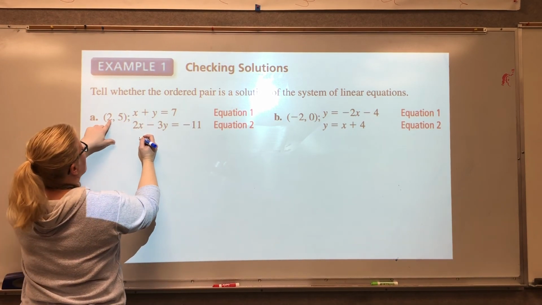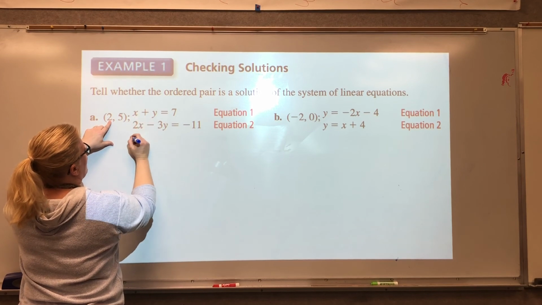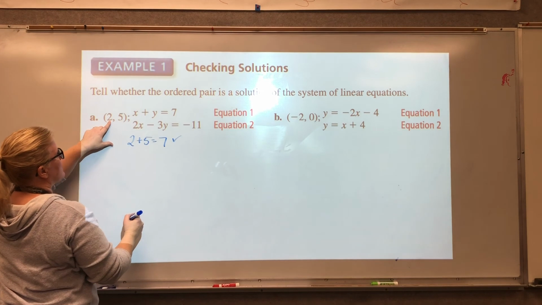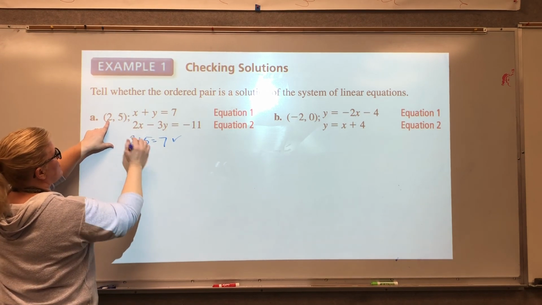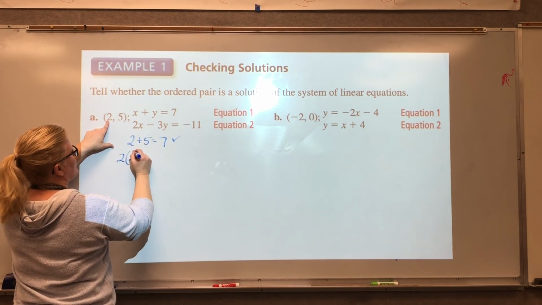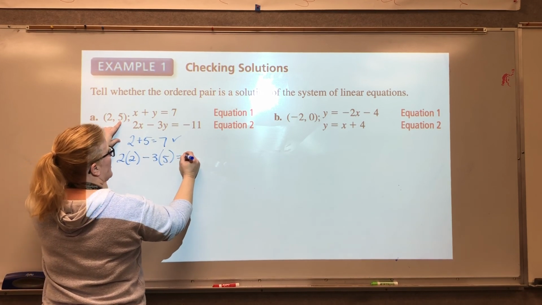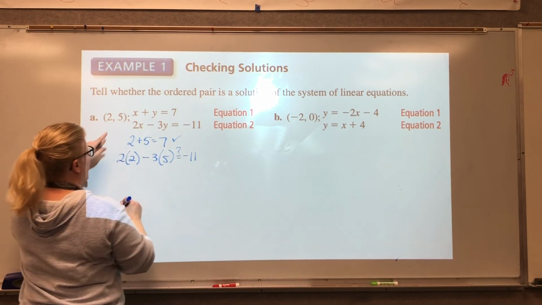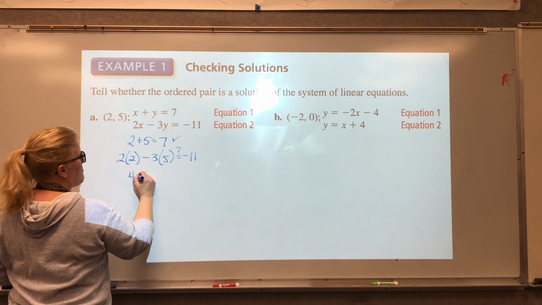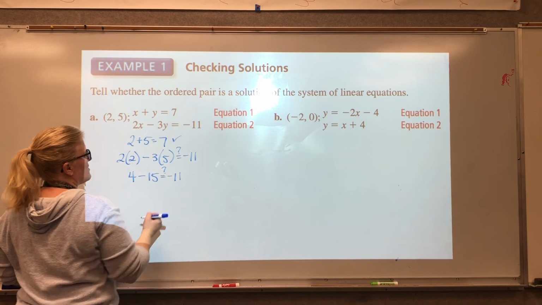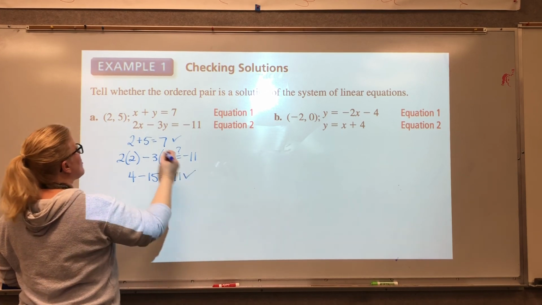I've got 2 plus 5 equals 7. That turns out. Okay, 2 times x, which is 2, minus 3 times y, which is 5, equals negative 11. I've got 4 minus 15. Does that equal negative 11? Yes.